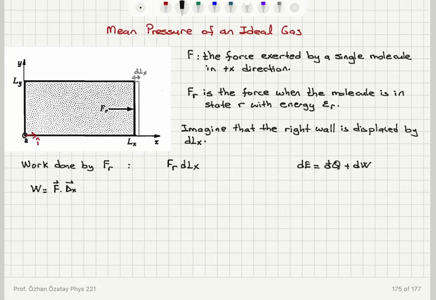So in this case, I see that the d epsilon r will be equal to dW, which is once again work done on the gas, but this is work done by the gas.